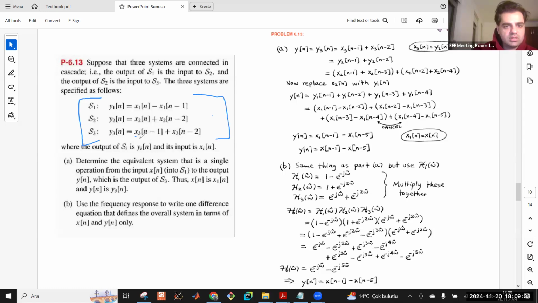First, x3 in this subsystem is equal to y2. Therefore, we will replace x3 with y2. This will be the result of that operation. Then we will replace x2 by y1.